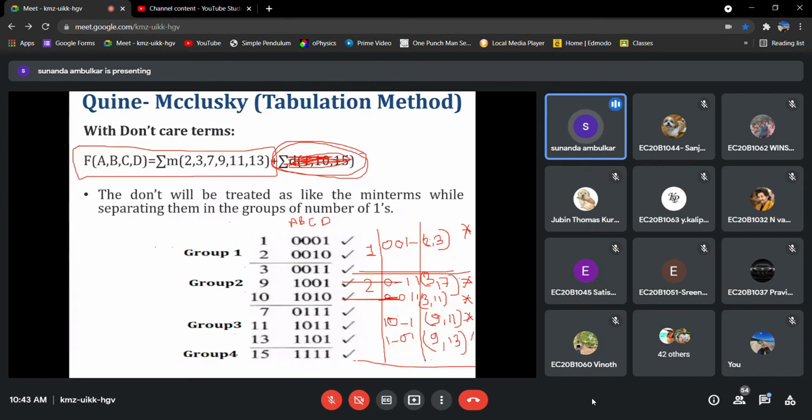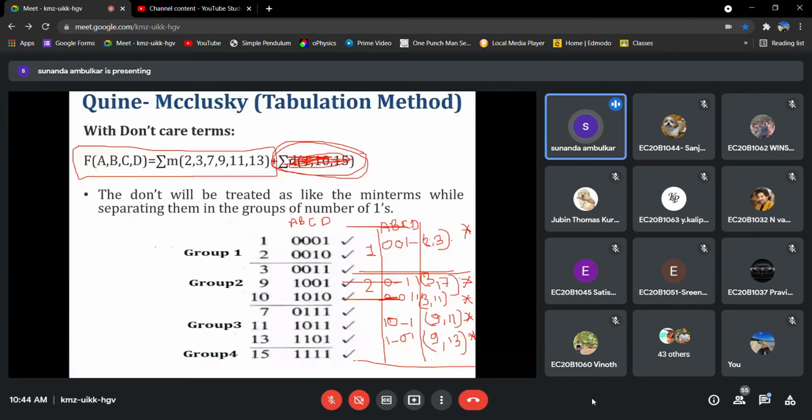Now can you tell me the prime implicants? Ma'am, what is that star? Star mark indicates that these terms have not been checked off. There is no possibility of only one variable changing from one group to another successive group. We checked 2 3 with 3 7.